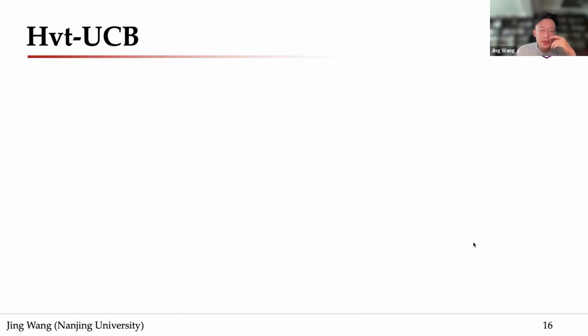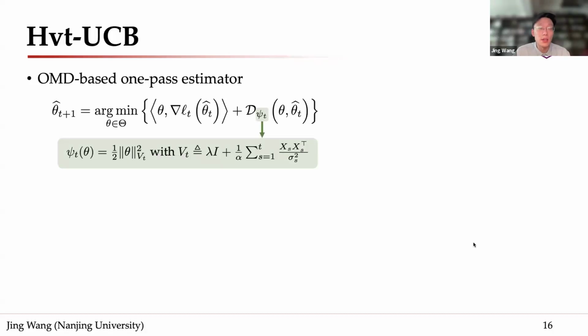So we propose HVT-UCB. This algorithm is based on two key components. First is the OMD-based one-pass estimator. Here we can see we only use the current data, which is inside the loss L_t, and the last round's estimation to do the current round's estimation.